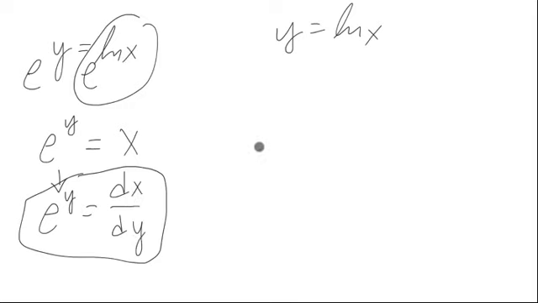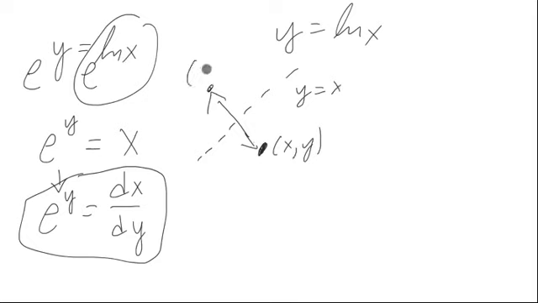Now, if we're thinking about points, like if we have a point on this function, which is (x, y), if we go to the inverse function, which is across the line y equals x, things swap. In particular, if I have a slope here, so I have a tangent line, let's suppose the run right here is dx, and the rise is dy.